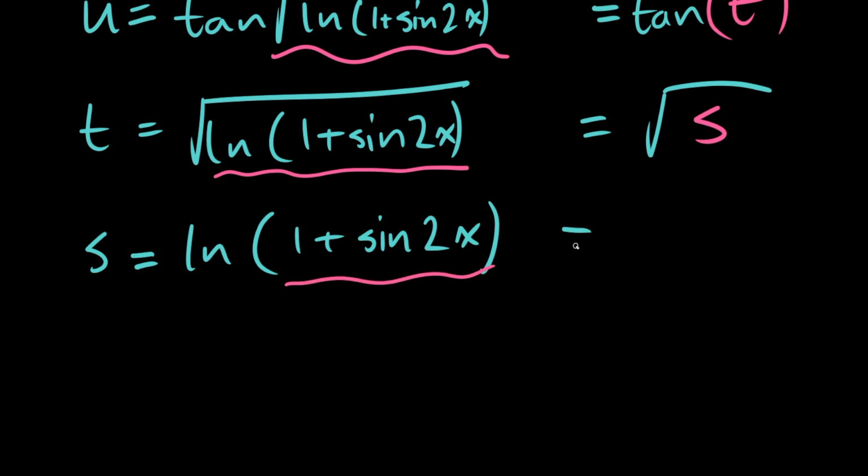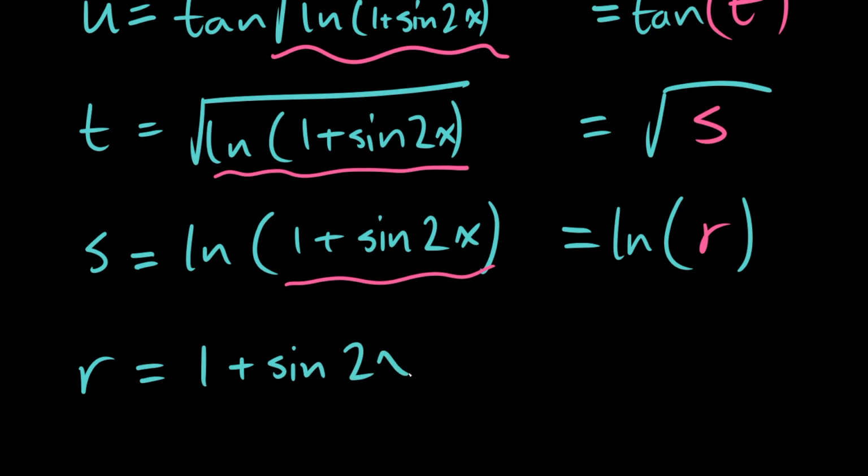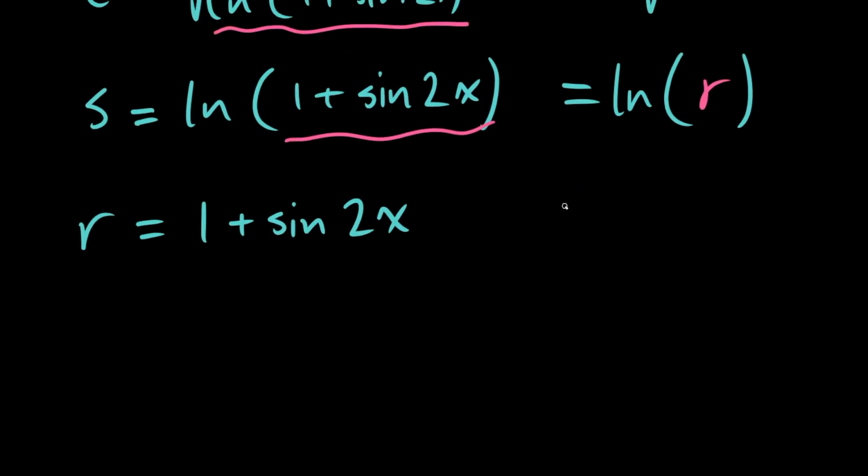Now we have the natural log as our outside function and something within it. So, of course, we're going to call this the natural log of, let's say, r. R should be in pink. And we're going to call r 1 plus sine 2x. But oh wait, now we have a constant outside the function. What are we going to do?